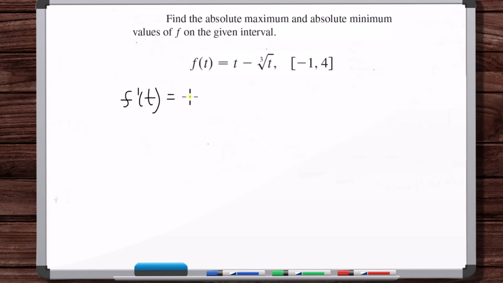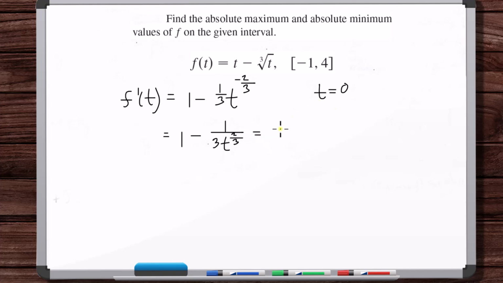Same process. We've got 1 minus t to the 1/3, so the derivative is 1/3 t to the minus 2/3. So this is 1 minus 1 over 3t to the 2/3. A critical number here is 0, where this doesn't exist.